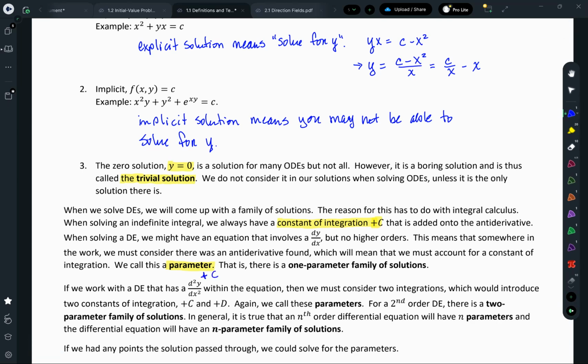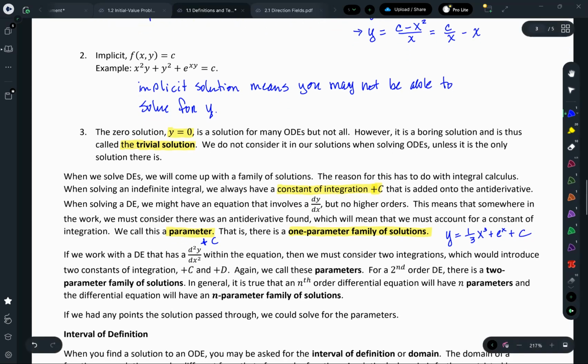So when we have an equation that has dy dx, the solution that we get is called a one-parameter family of solutions, okay? An example of something you might see is y is equal to 1/3 x cubed plus e to the x plus c. There's only one unknown, that's the c, and so we call it one parameter.